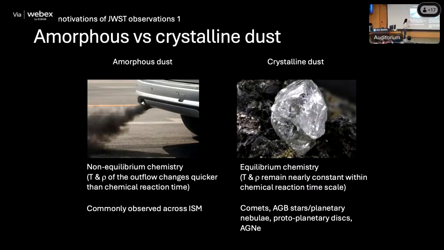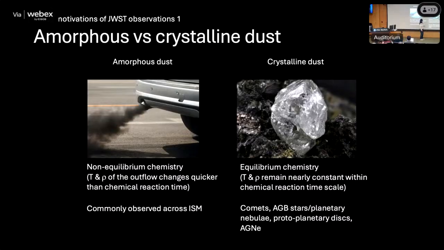In this case, temperature and density drop so sharply when the hot gas ejected meets the cold gas. The temperature and density change is much faster than the chemical reaction time. In this case, it is believed to form amorphous dust because there's not enough time to make nicely structured dust grains. So amorphous silicate is a typical dust type we can observe in the interstellar medium.